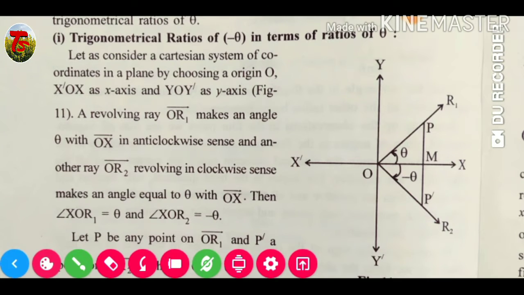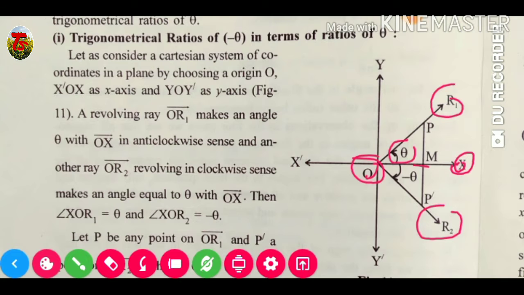In anti-clockwise direction, angle XOR1 is equal to theta, and angle XOR2 will be minus theta. It will be minus theta.